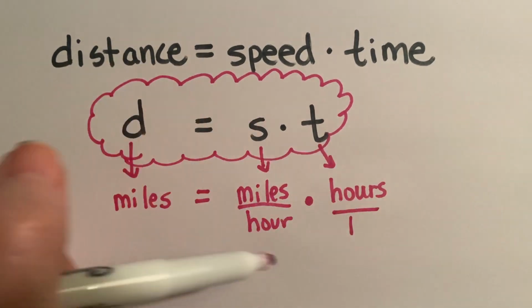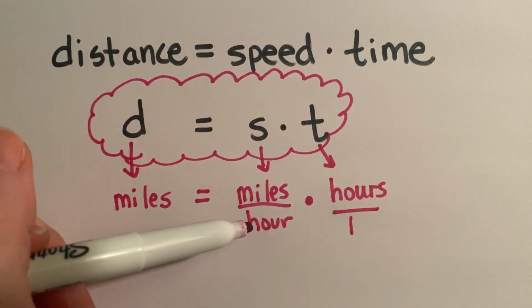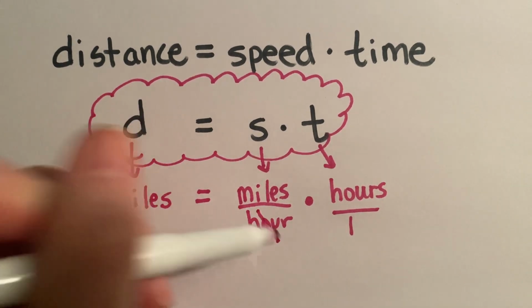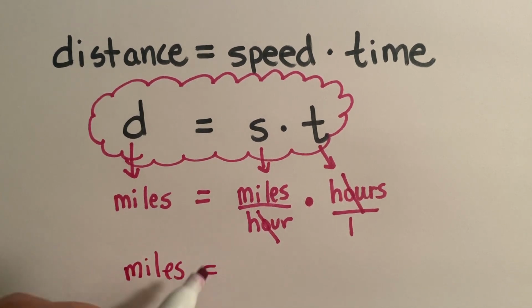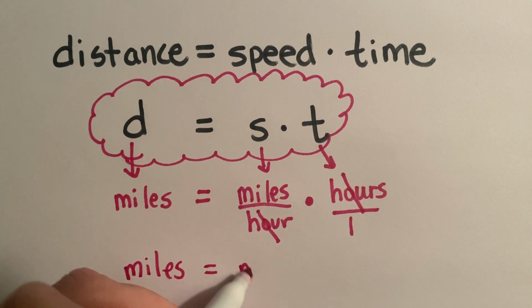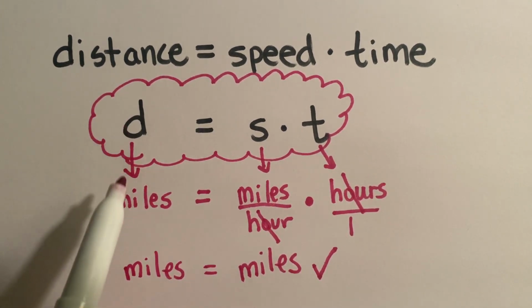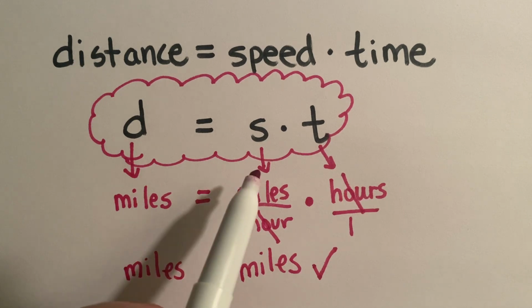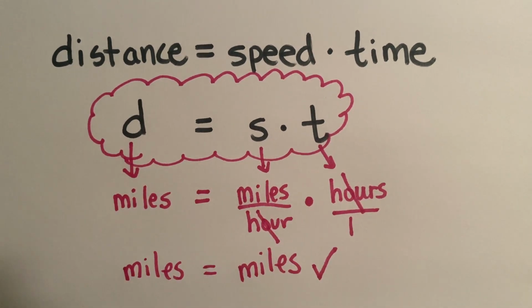And if you look at this side, we could cross-cancel these hours just like this. And then we would have these miles on the left side equals what's left over here, which would just be miles on the right side. And since that's a true statement, I think I've shown that indeed a distance is equal to a speed times a time. So that's why that equation works.